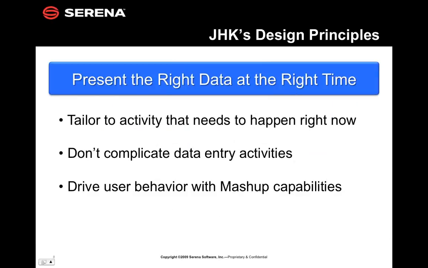So I'm going to reiterate some of those design principles that I just talked about and showed you in the application. Something that's really big, and probably the biggest thing for me when building applications, is present the right data at the right time. I've seen plenty of quote-unquote state-driven applications where all you have is an edit button.